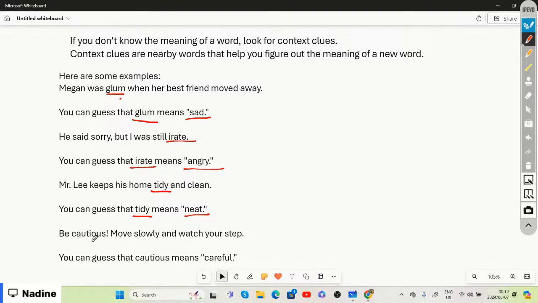And then, be cautious. Move slowly and watch your step.